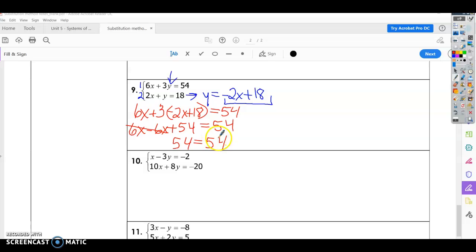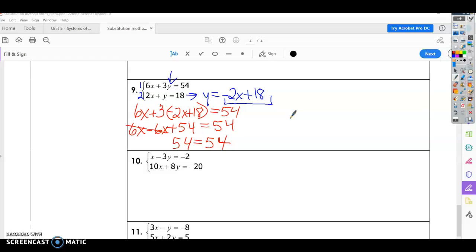Okay, so this time we have a true statement. This is a true statement. It's always true. 54 will always equal 54, which means we're going to have infinitely many solutions.